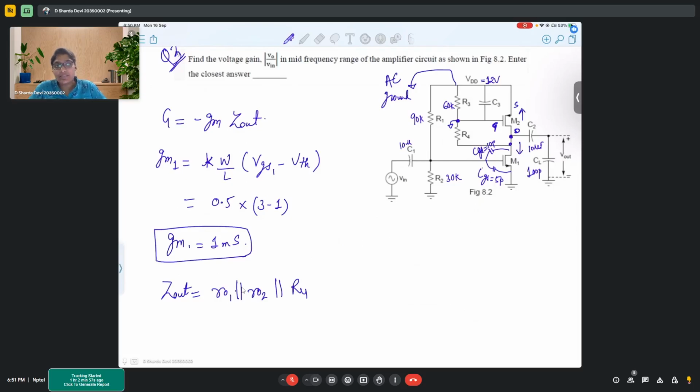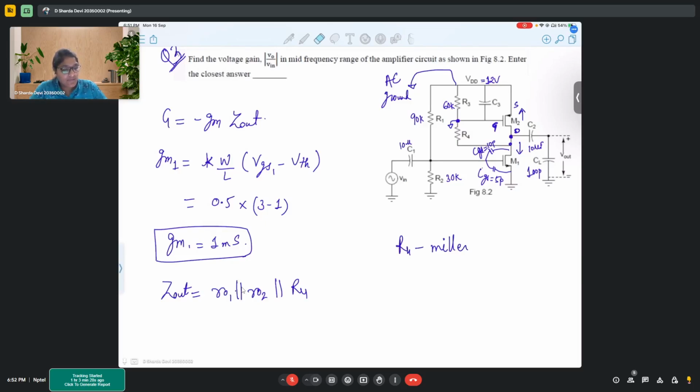This is a Miller resistor R4 for M2, correct? Yes. So shouldn't R3 plus R4 be parallel with this, because no current is flowing, if we consider this is AC ground? Yeah. So C should be short circuited, right? C3. Yes, C3 is also short circuited.